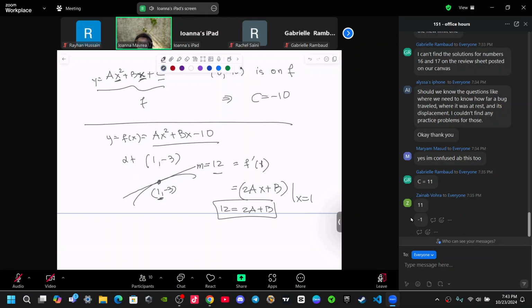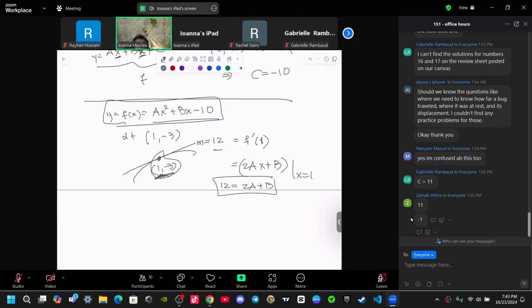Yes. So that's 1. But there is another piece of information. Another piece of information is that this point is on the graph of both the tangent and the function. So this point, I haven't used negative 3 in there. This point belongs on the graph of this function.